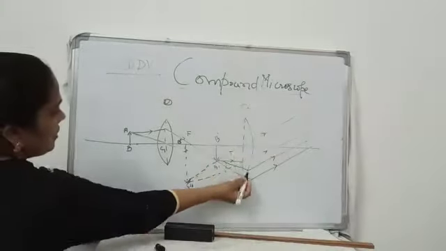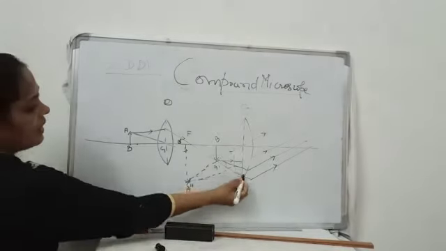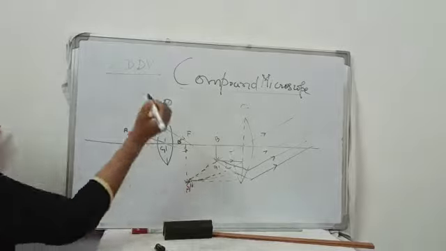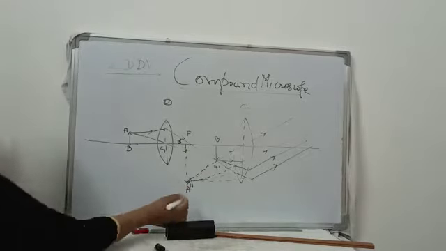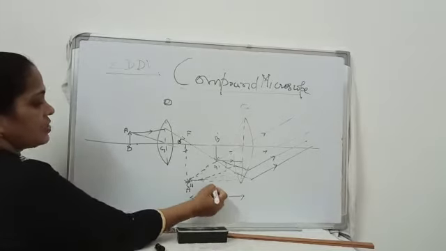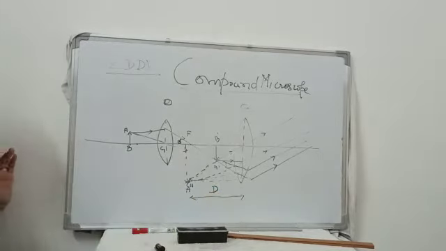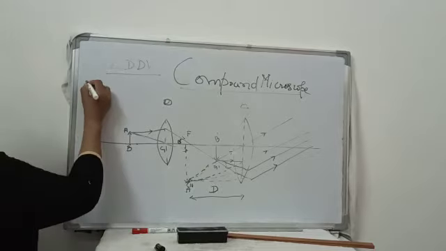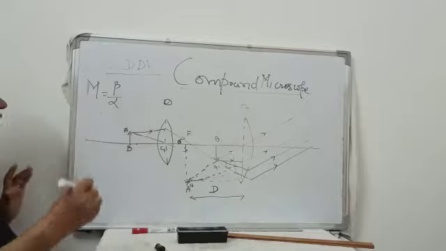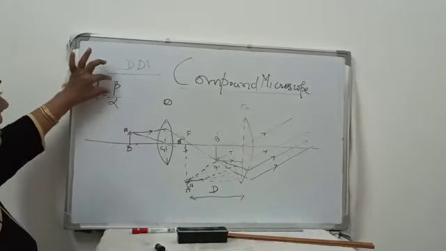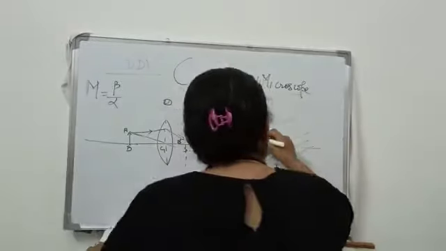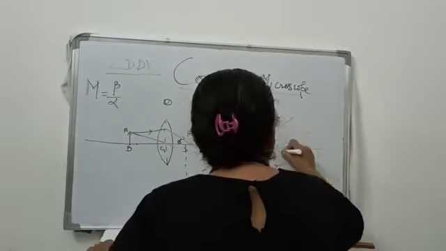These two rays also you can extend it, and you can see that they meet at this point, A double dash, B double dash, and this distance is called least distance of distinct vision. When you calculate the magnifying power, it can be defined as the ratio of the angle subtended by the final image at the eye. We are placing our eye somewhere over here.